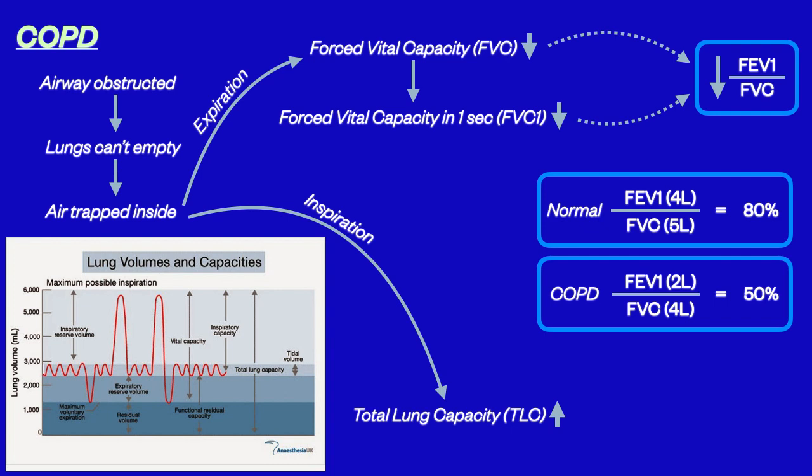So all that had to do with air breathed out, right? Conversely, for air going in, the TLC, which is the total lung capacity, the maximum volume of air that can be taken in or inspired into the lungs, is actually often higher because of the air trapping.